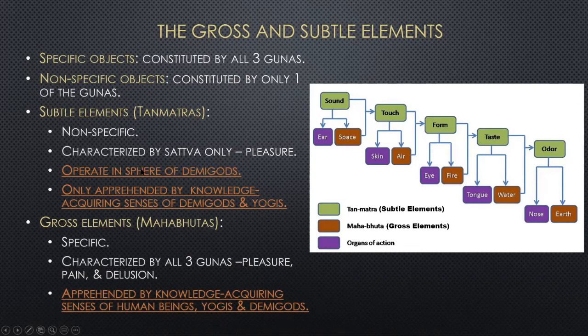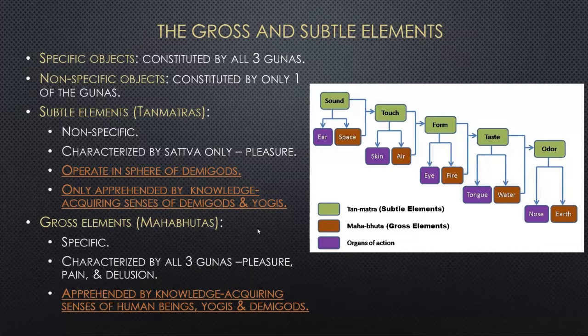Now, the subtle elements, or these tanmatras, because they only give pleasure, operate only in the sphere of the demigods. It is said that these subtle elements are apprehended only by the knowledge acquiring senses of the demigods, and also by the yogis, who by their practices are able to apprehend these elements as well. Then there are the gross elements, and these are apprehended by the knowledge acquiring senses of human beings, the yogis, and the demigods.